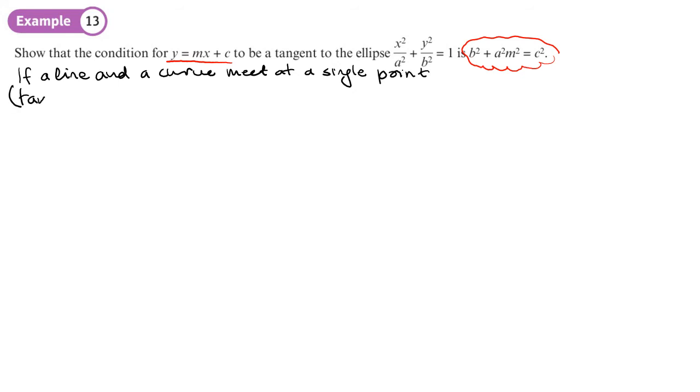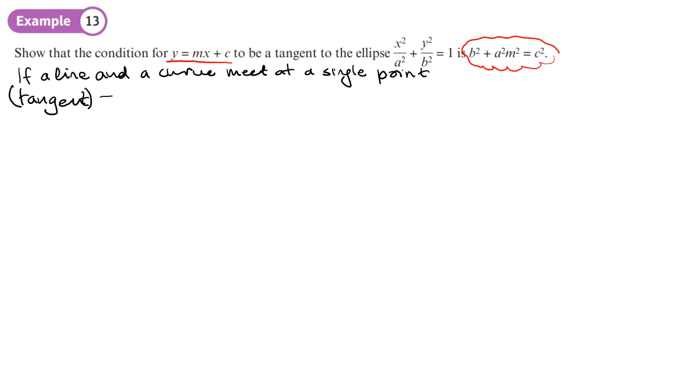And if it's a tangent, that means when we solve, or put the two equations together, we'll end up with a quadratic that's only got one solution, which means that the discriminant is 0.